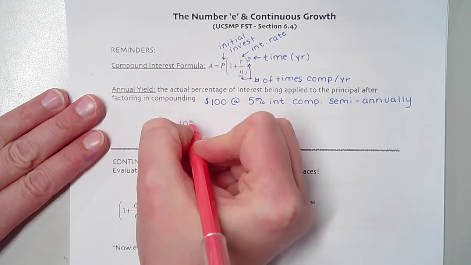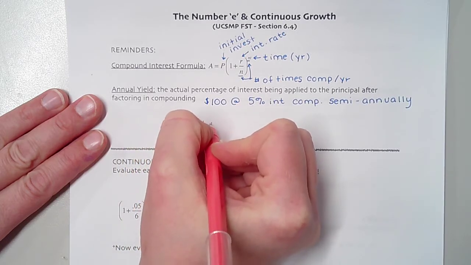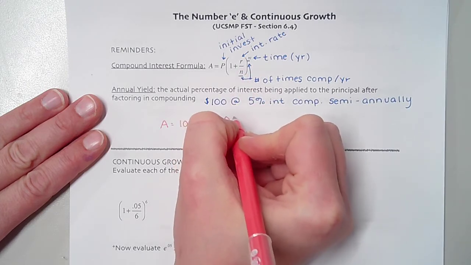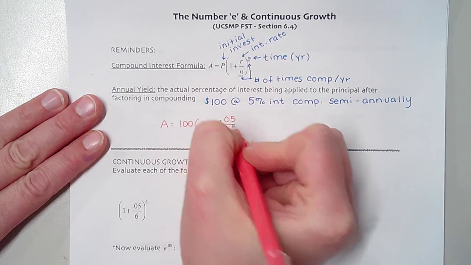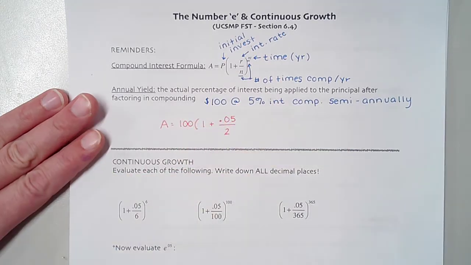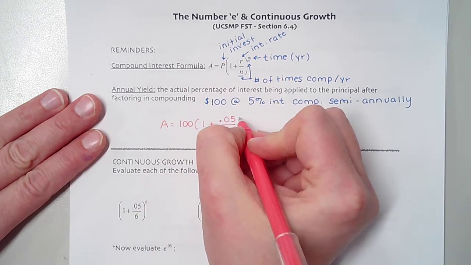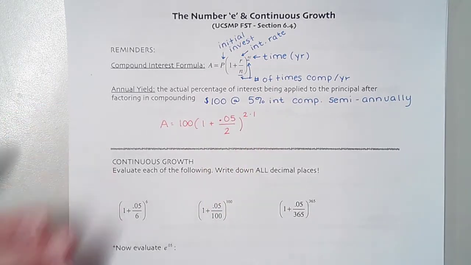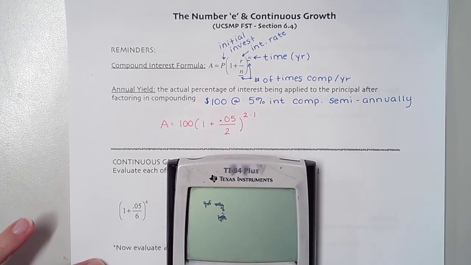We're investing $100, 1 plus, my interest rate is 5%, so for R I'm going to put in 0.05. Semi-annually means I'm compounding twice a year, so I'm putting a 2 in for N. And then I'm going to the power of 2 times, and we're just looking at this after 1 year, so I'm just going to go 2 times 1. Okay?